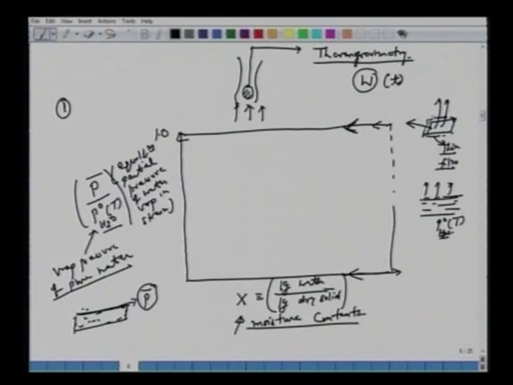Then after some time, you will see the dry patches starting to occur. So some solid surface, maybe there is a wet, somewhere there is a dry, somewhere there is a wet, there is a dry. At that time, typically if you plot a typical drying curve, this curve will go like this. So this would be your very typical P bar over P0 versus X curve.